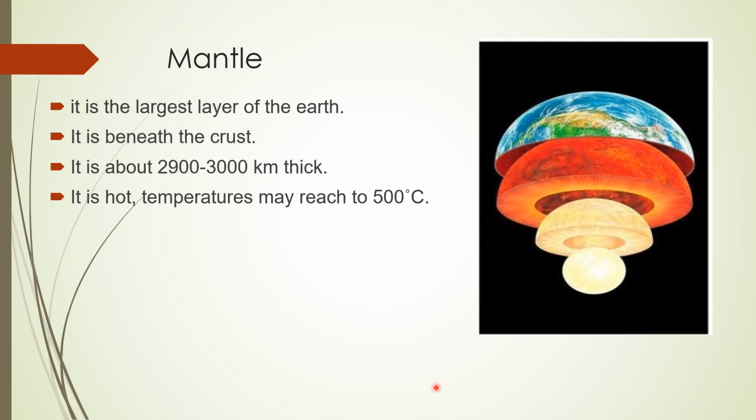It means that in this layer, we cannot live. If you reach this layer, you will die because the temperatures are very high. You can see that this color looks like flames of fire. It looks like there's a burning of something happening here.